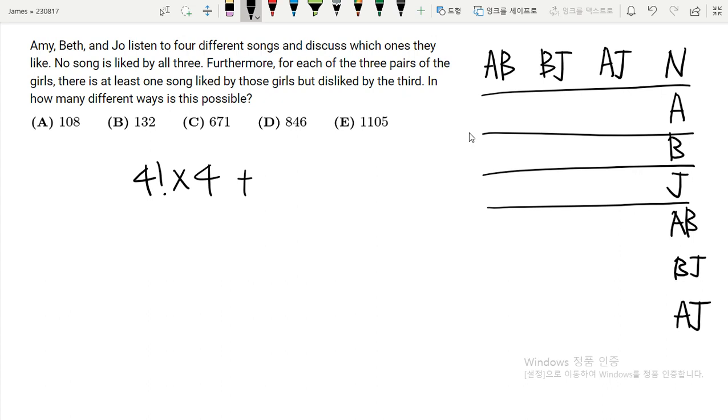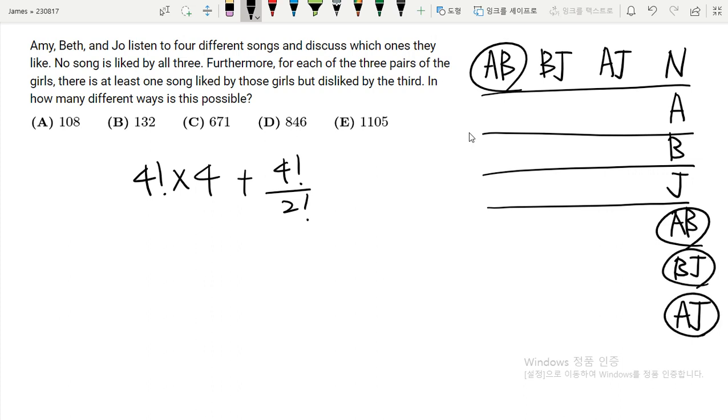And then if two of them are the same, in such case, 4 factorial is divided by 2 factorial. And those cases happen 3 times. So it's multiplied by 3.